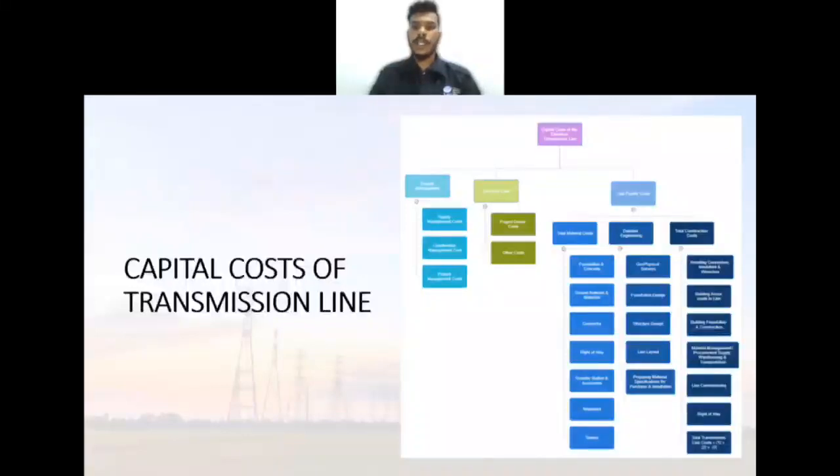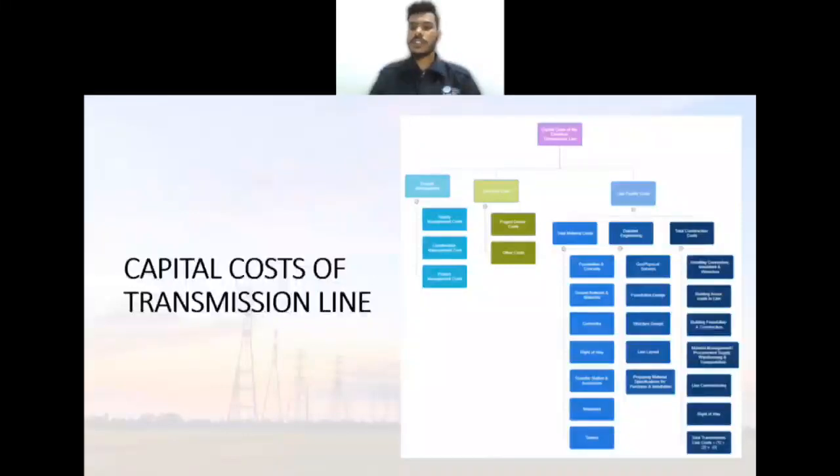The total material cost includes foundation and concrete, ground network and materials, connector, right of way, transfer station and accessories, insulators and towers. Detail engineering covers geophysical surveys, foundation design, structure design, line layout, and preparing material specification for purchase and installation.